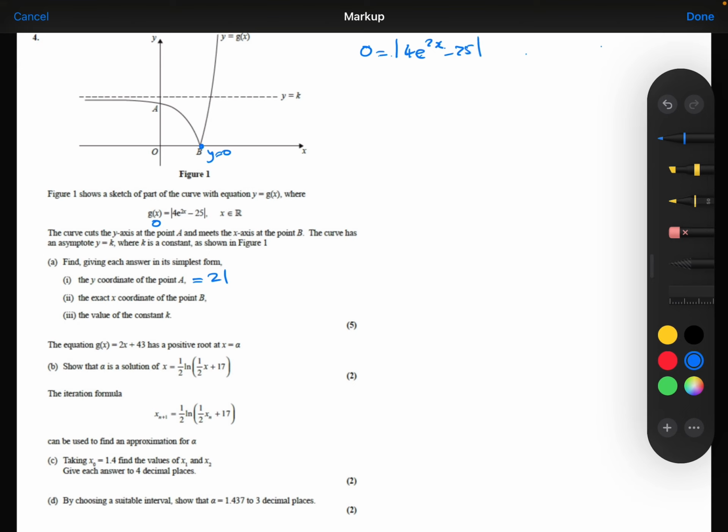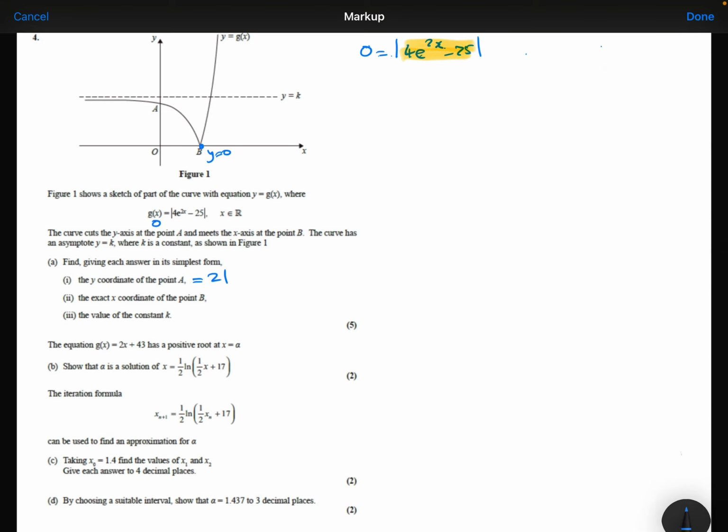Now the modulus sign here has no impact at all. We don't need to worry about that. In order for it to equal 0, the inside has to equal 0. So the 4e to the 2x minus 25 has to equal 0, so that we can take the modulus of 0, which will be 0.